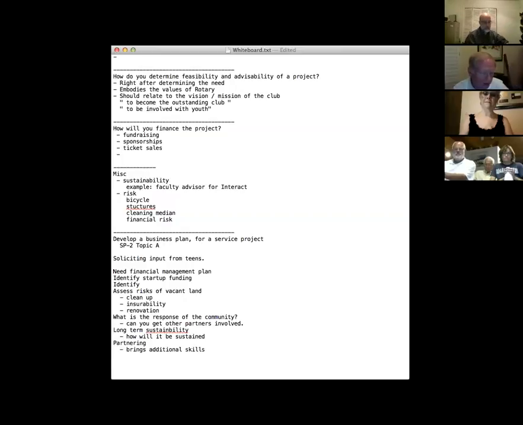Because if we're talking a building or any kind of sports field, we are probably talking about construction. It's very likely beyond the scope of the Rotarians in our club. It may fit in the scope of someone's business or some other nonprofit.